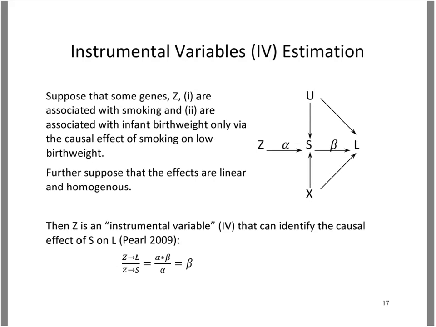We can also use DAGs to develop some intuition and probe the substantive plausibility of quasi-experimental techniques such as instrumental variables analysis. Using DAGs for IV is fairly exhaustively treated in Judea Pearl's book, Causality, published in 2009.